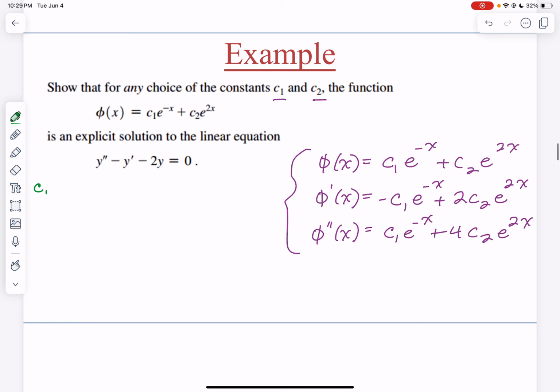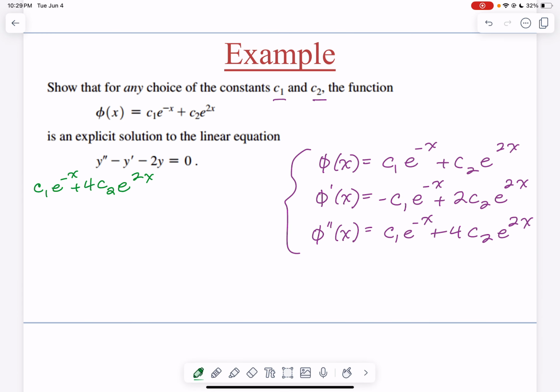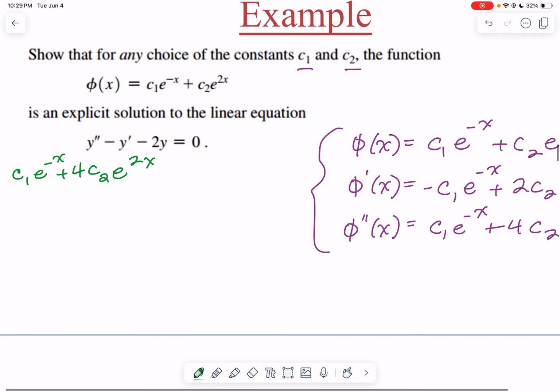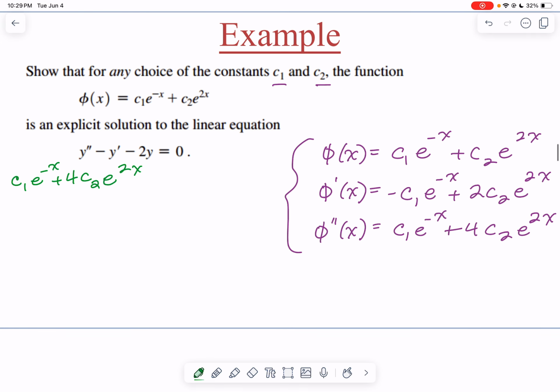So I have c1 e to the negative x plus 4c2 e to the 2x. So that's our second derivative, minus, and we have our first derivative, the opposite of c1 e to the negative x, plus 2c2 e to the 2x.